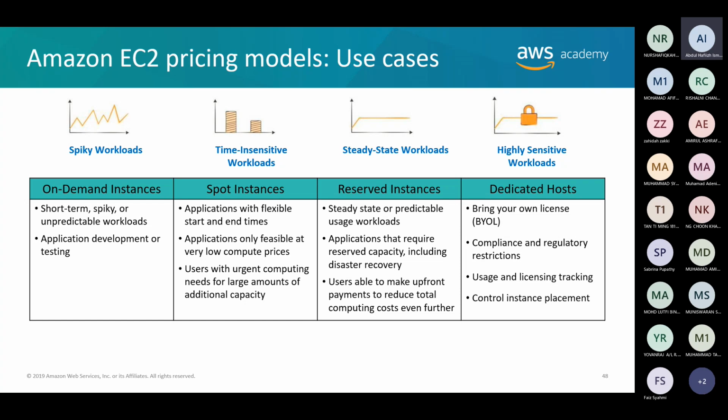So reserve instance, kita perlukan steady state, predictable usage workload. Kita tak nak interruption, kita dah reserve siap-siap. So application that require reserve capacity including disaster recovery and user able to make upfront payments to reduce total cost even further.